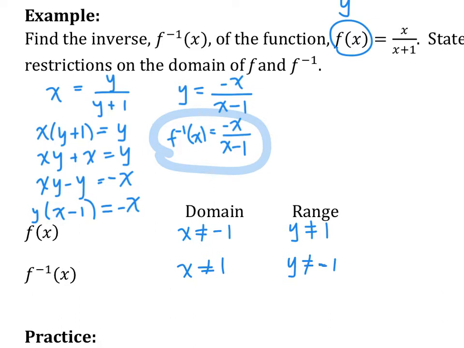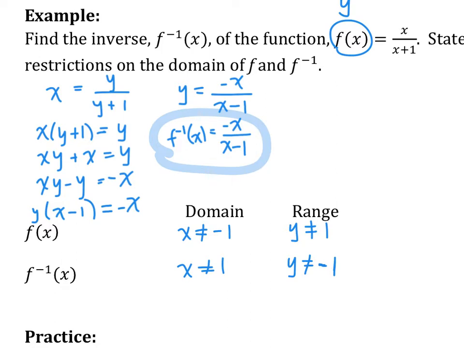Okay, that's good. Now, what we want to do is look at something more interesting. Remember we said the relationship between the function and its inverse is that x and y switch. And because x and y switch, that means domain and range must also switch.